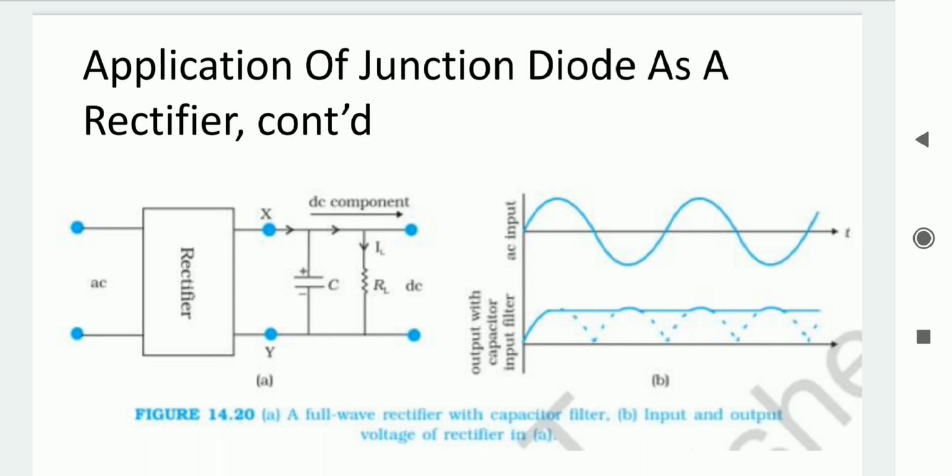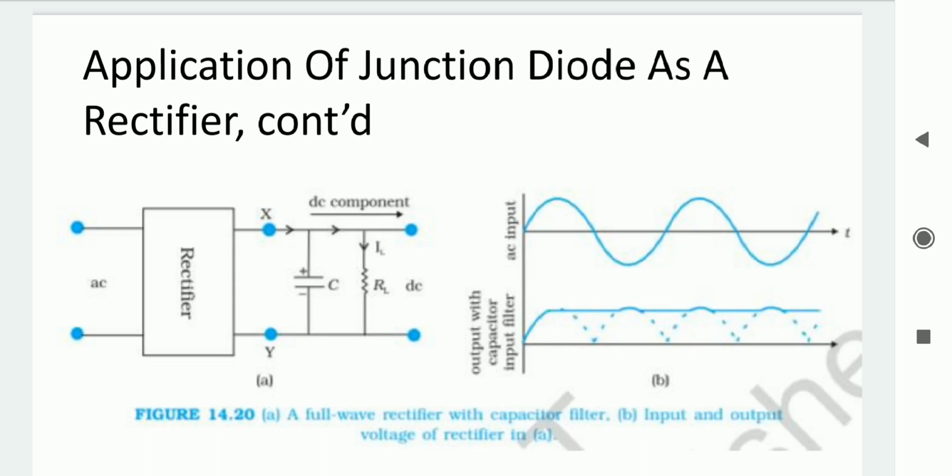The rate at which the voltage across the capacitor falls depends on the product of resistance and capacitance, that is RC, which is known as the time constant.